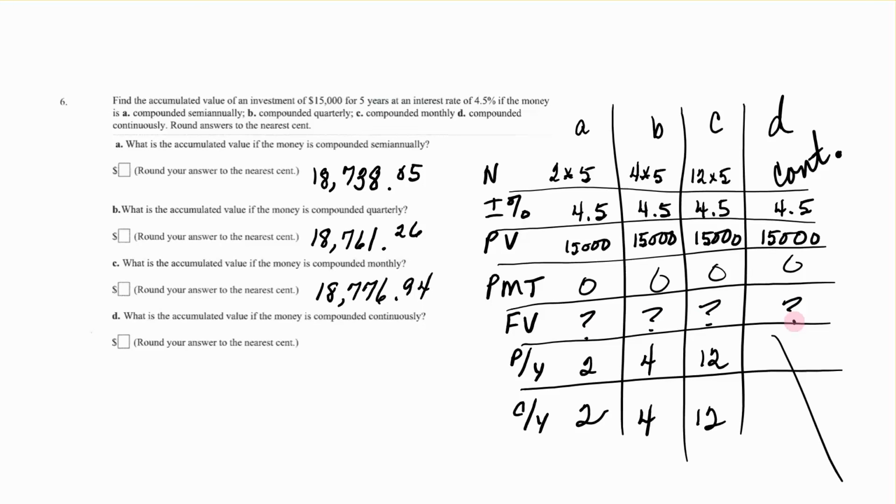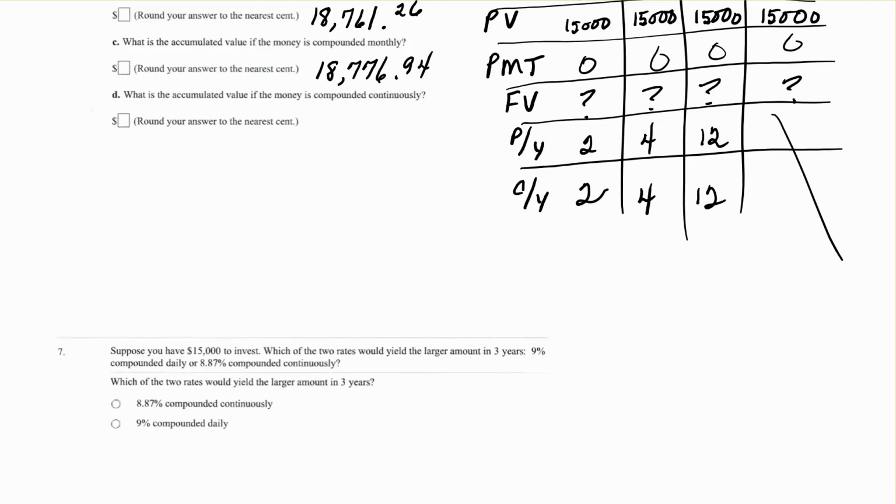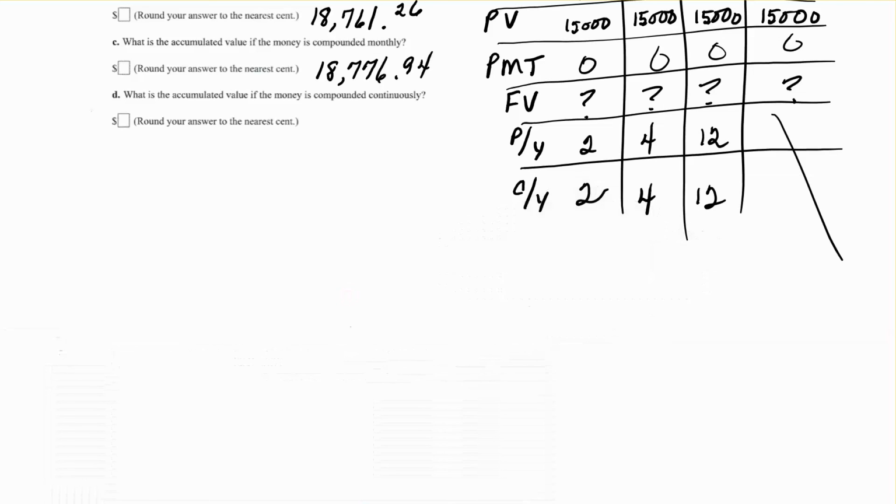All right, now continuous. I'm going to give myself a little more room. For continuous, the formula is A equals P e to the rt power. The amount is the future value, the principal is 15,000.